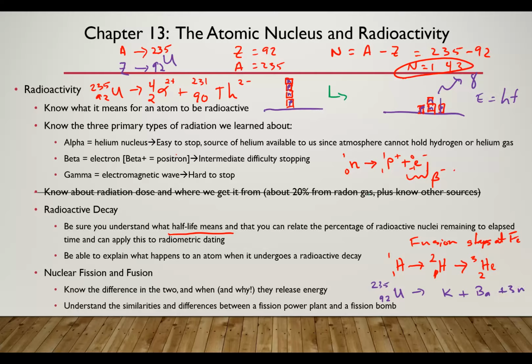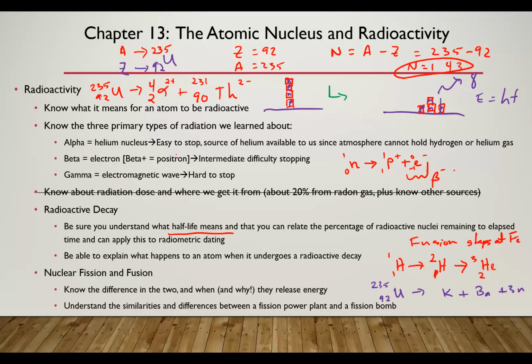But they're weird isotopes of potassium and barium, very radioactive elements. But it's a big thing that breaks into smaller things and releases energy. Once again, this is going to have to be something bigger than iron, and it's going to break up into something closer to iron.